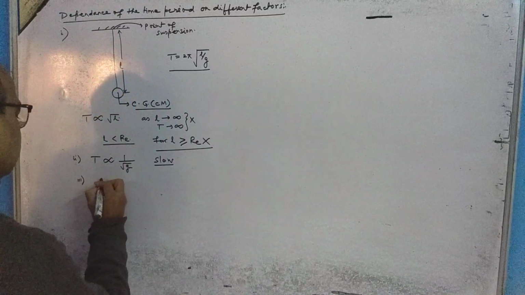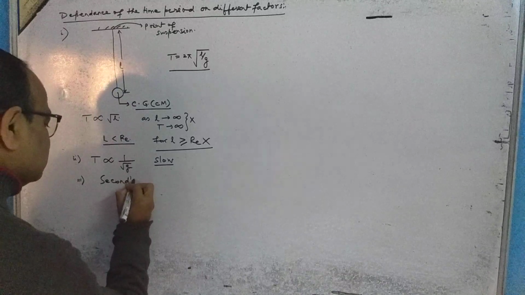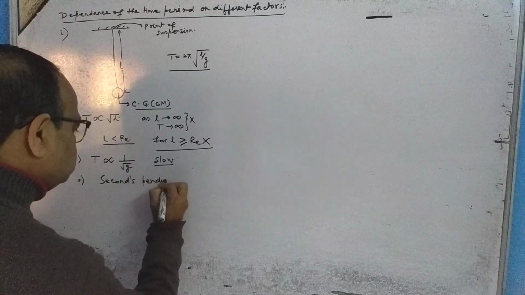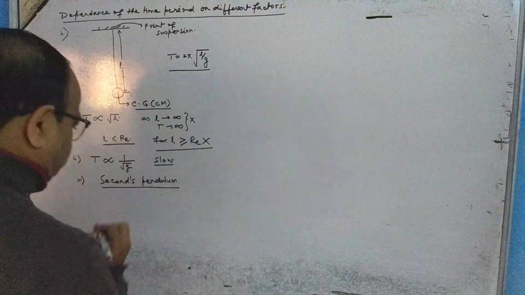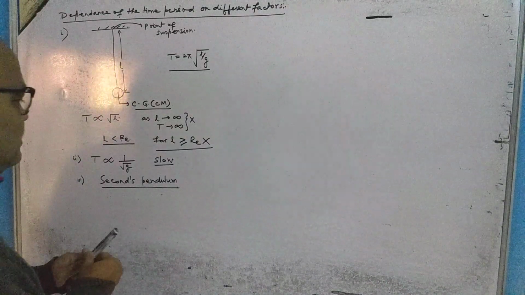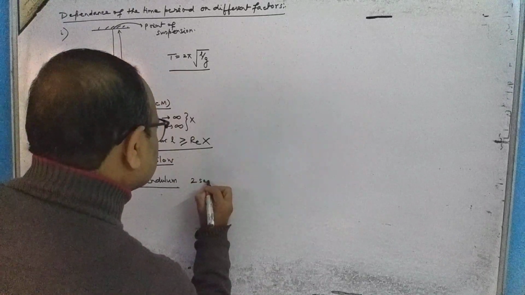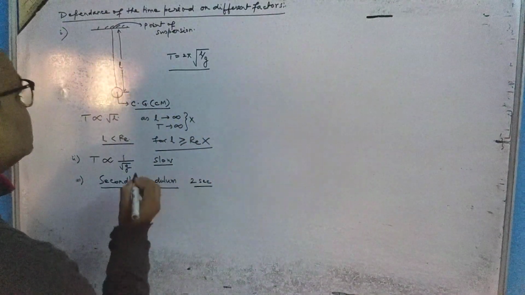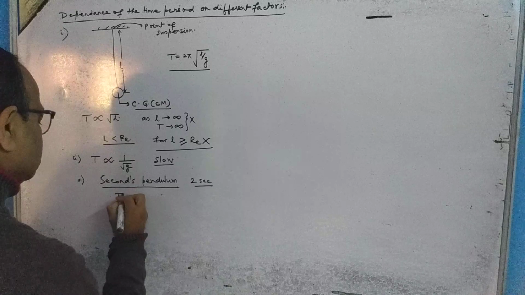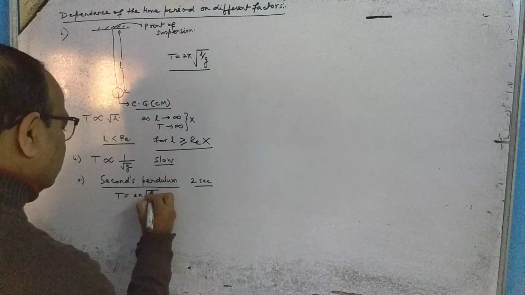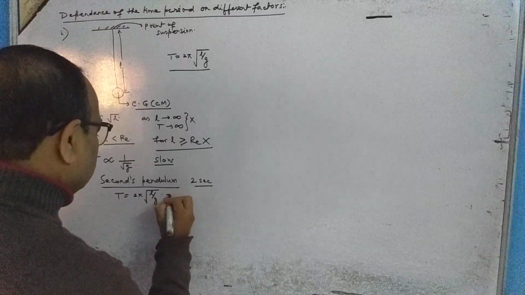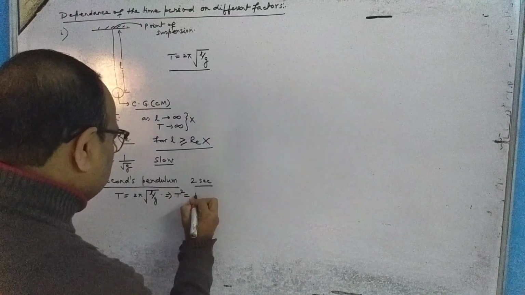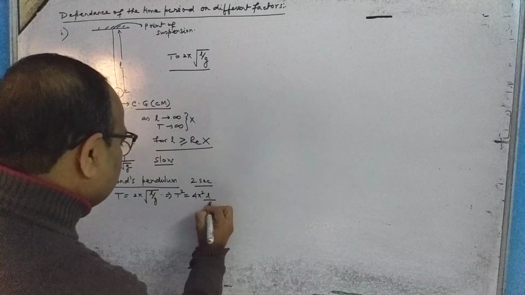Third, there is a pendulum called the seconds pendulum. What is a seconds pendulum? A seconds pendulum is one whose time period is 2 seconds. If the time period is 2 seconds, then T is equal to 2π root L by g, which implies T squared is equal to 4π² L by g.